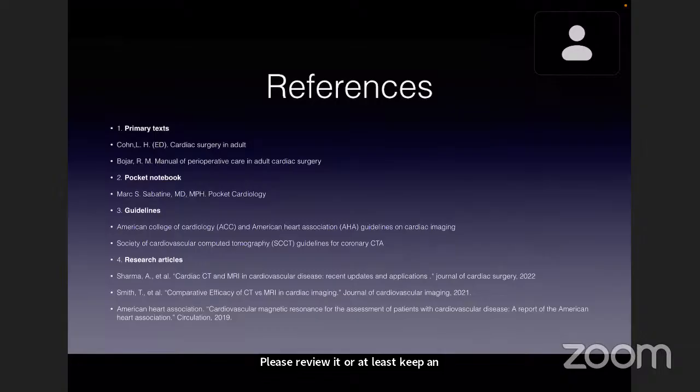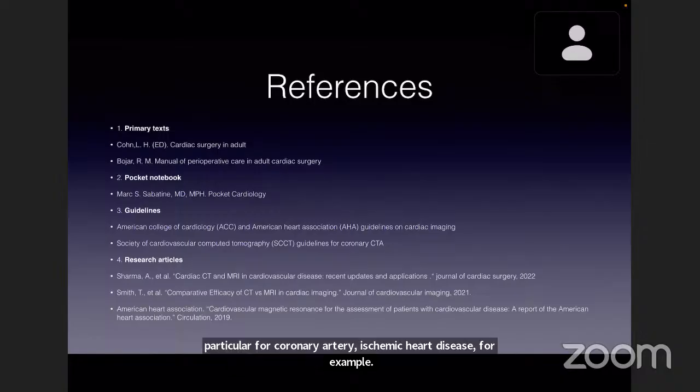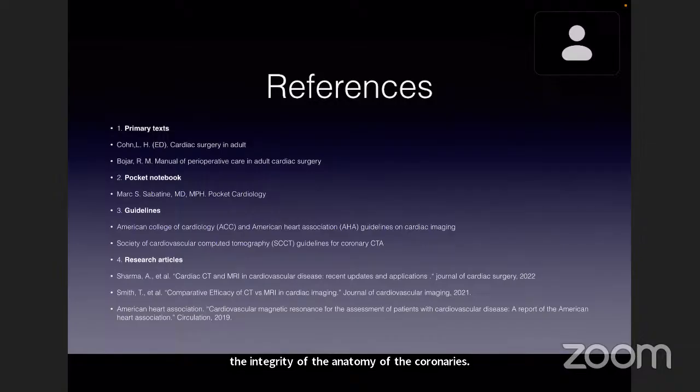It basically talks about why we are doing those images and to answer those particular questions. In particular, for coronary artery ischemic heart disease, for example, they talk about the integrity of the anatomy of the coronary, if there's stenosis and if there's complete blockage.